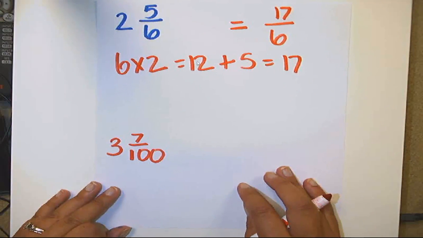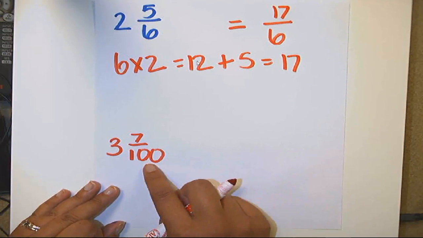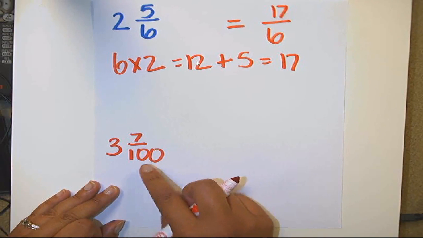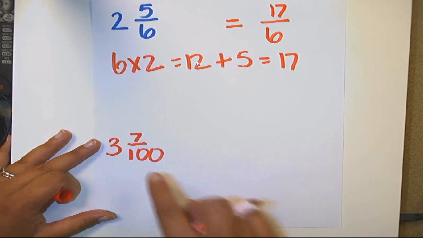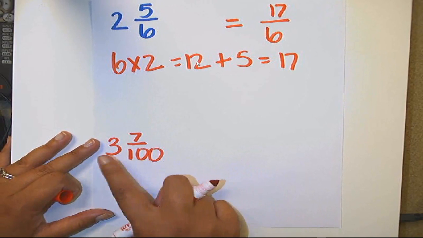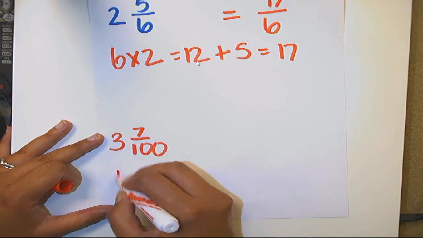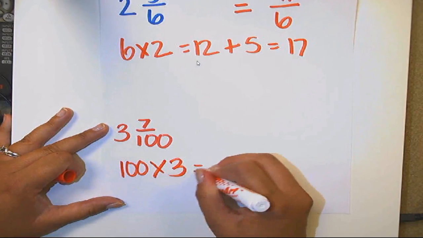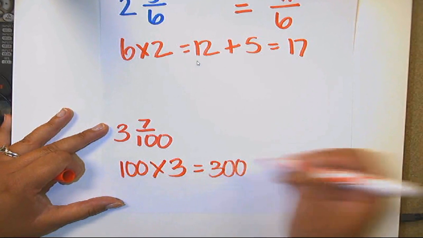And now we'll just do one more. Sometimes when students start working with higher numbers, all of a sudden they get a little bit of intimidation. But don't. Even though we're working with a number like 100, it's still the same math. So I'm going to take this denominator and multiply it by my whole number. So 100 times 3 is 300.